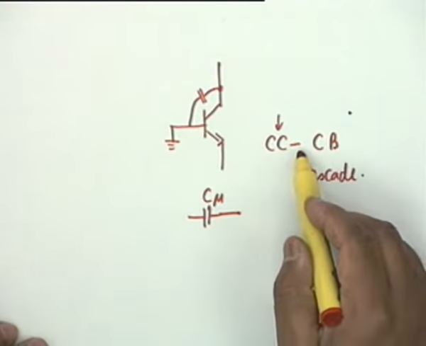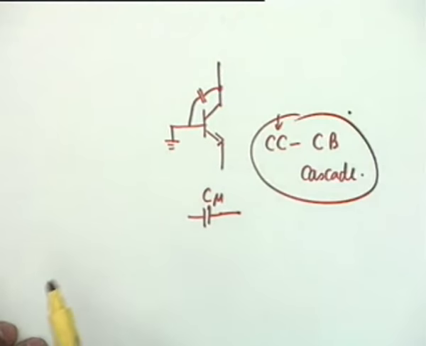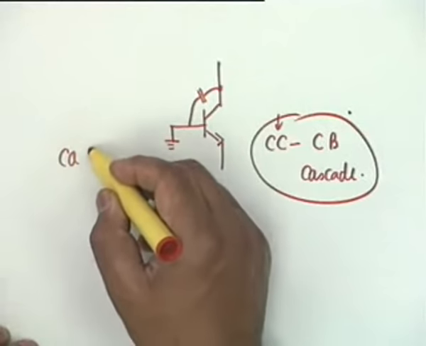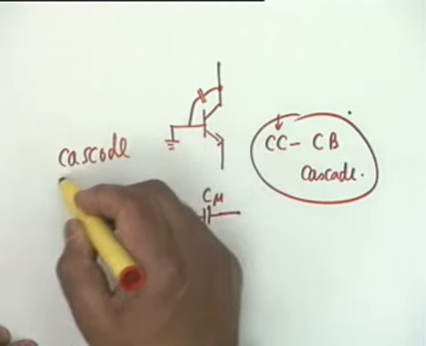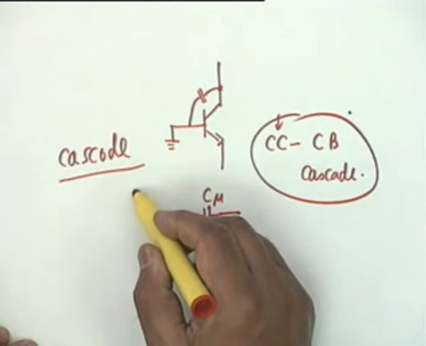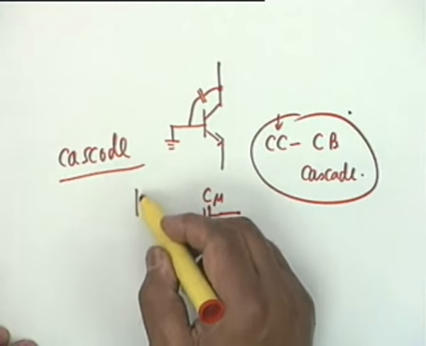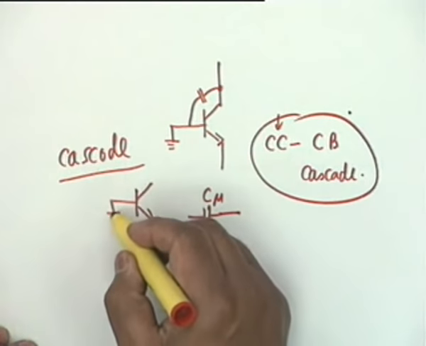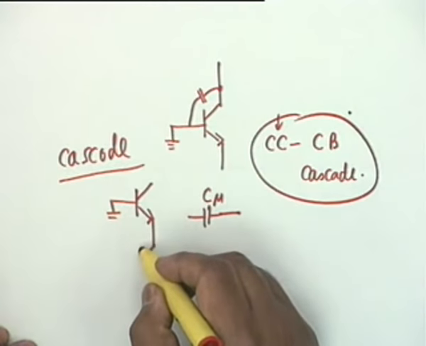Alright, so a common collector, common base cascade is a very popular method for increasing the selectivity of a tuned amplifier. The other one is a cascode stage. A cascode stage is one. Have we discussed this earlier? No. A cascode stage is one in which one transistor sits upon another.